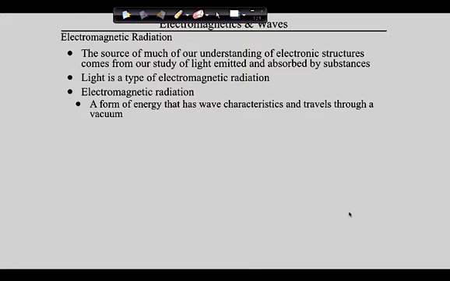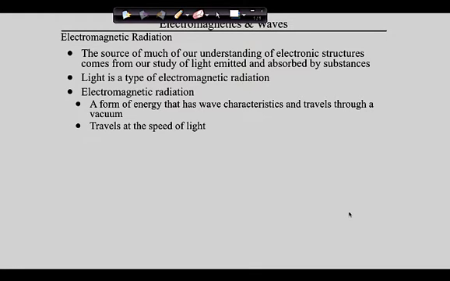Which is pretty cool. Now guys, the first thing that we need to understand about this electromagnetic radiation is how fast it goes. The speed of electromagnetic radiation, which we actually call the speed of light.